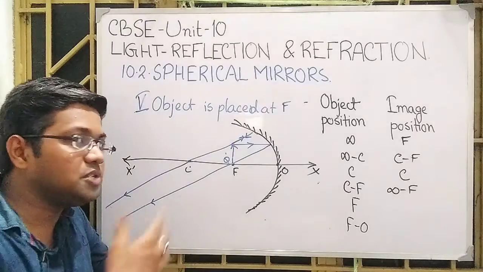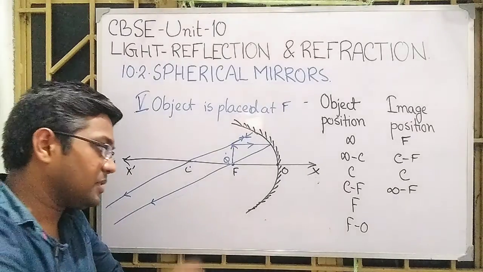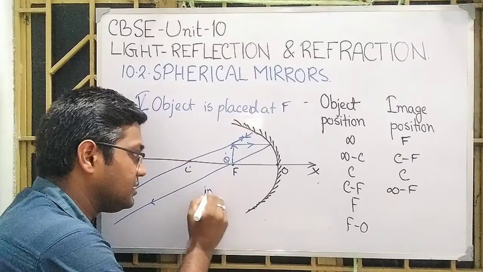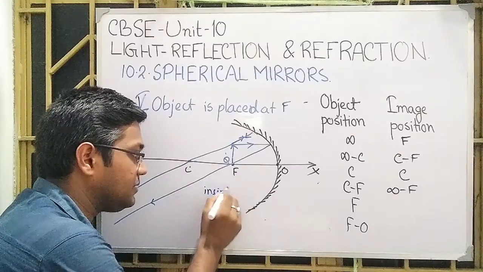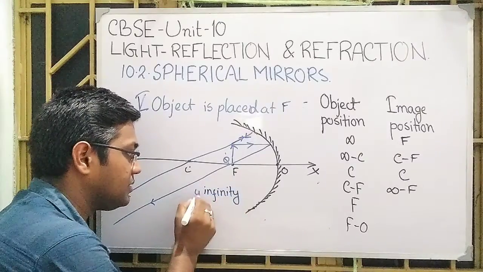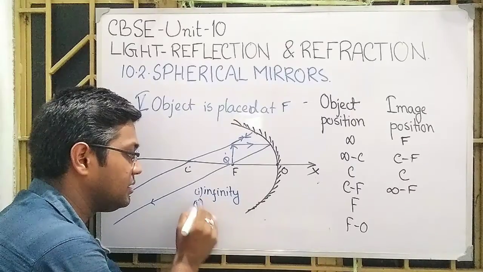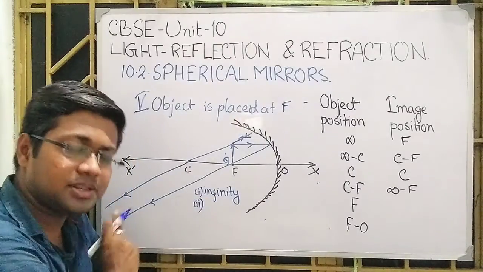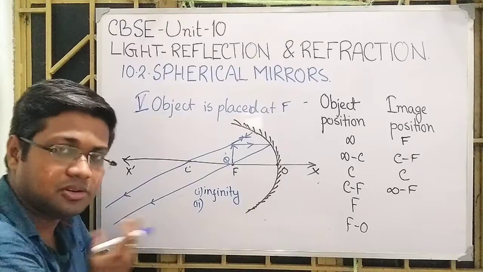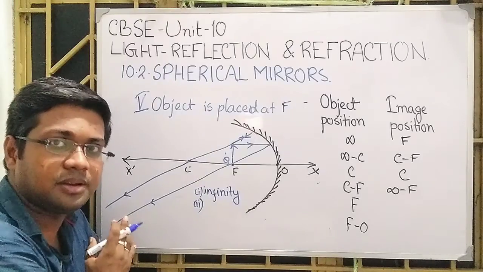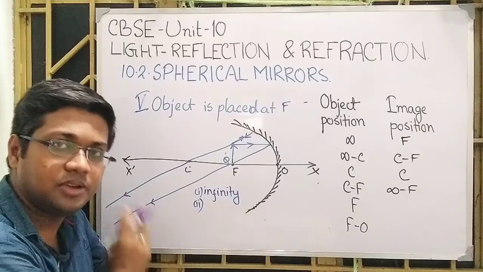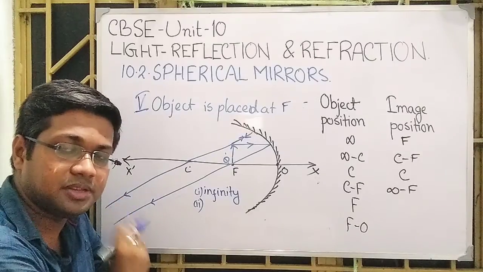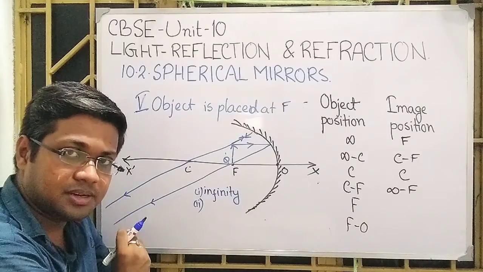So where the image will be obtained, you can write down, it will be obtained at infinity. The first characteristic: is it real? Obviously where it will form, we cannot draw it within the board, but it will be formed by the intersection of the reflected rays.